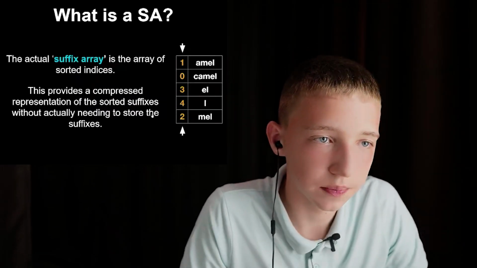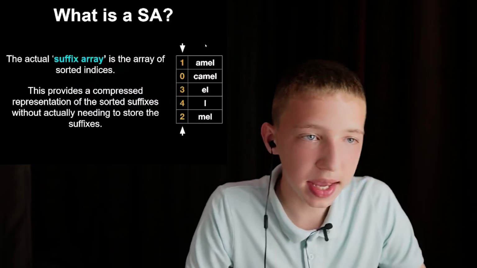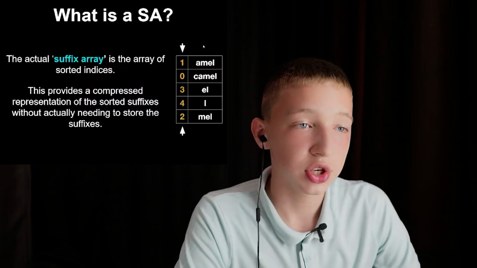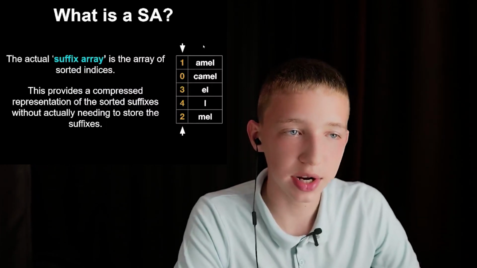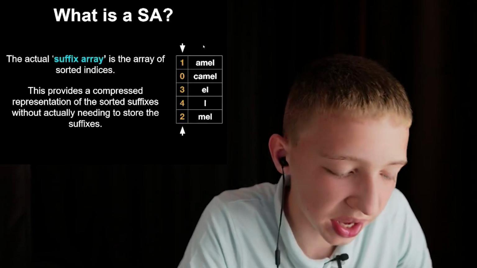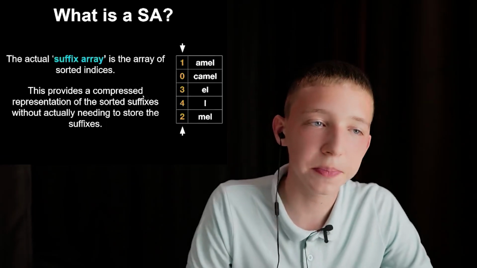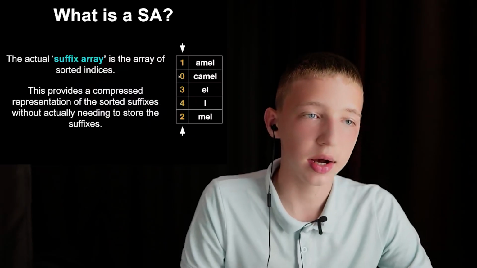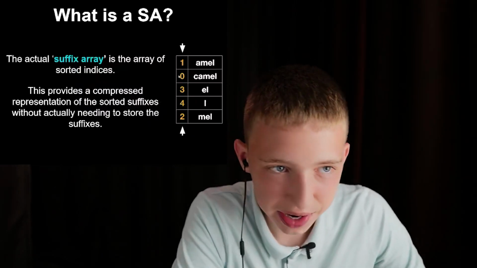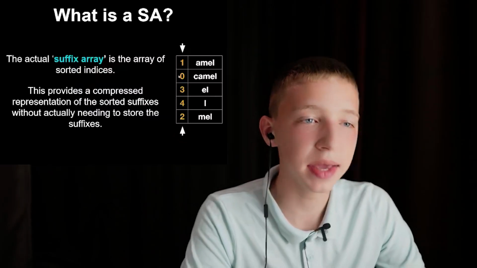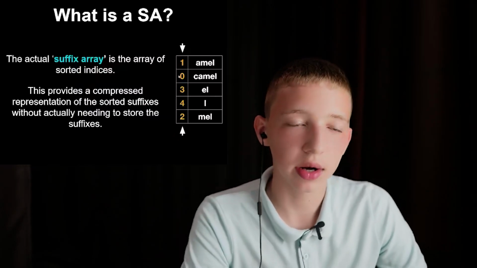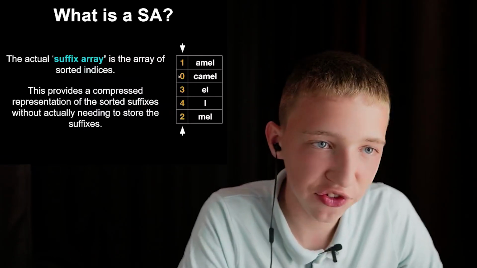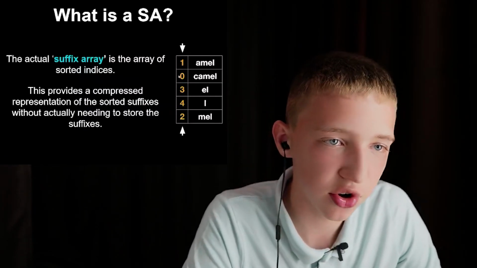AB and AB have two common characters, AB. So the LCP value for them is equal to 2. And now for the next string, the full string and the string AB, BAB, again they have two common characters, AB.